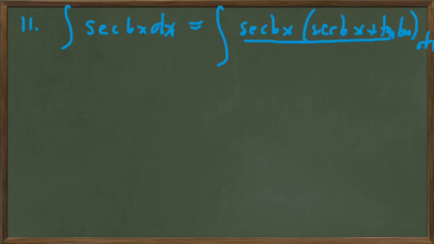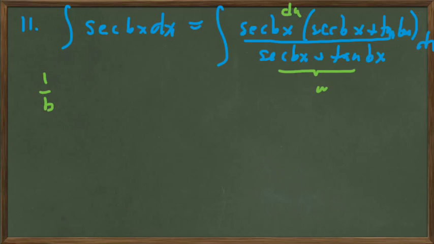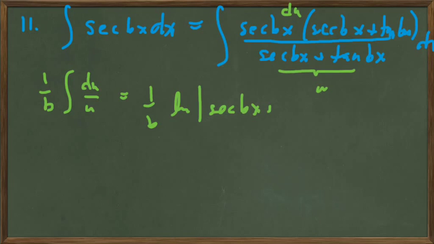So we're multiplying and dividing by secant bx plus tangent bx. Let's put the bottom as u, and the top is then just du or du over b, so we get 1 over b du over u, which gives us 1 over b ln absolute value secant bx plus tangent bx plus c.